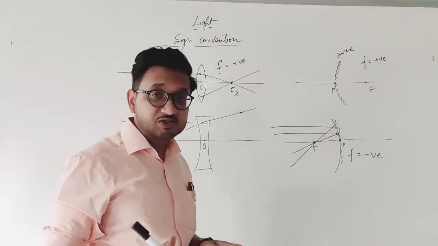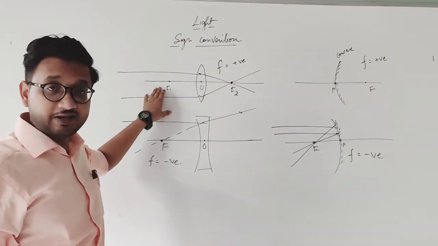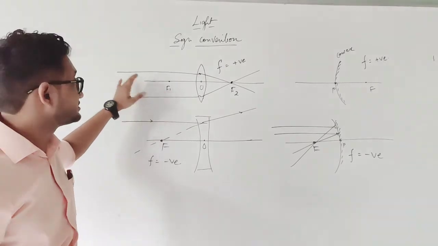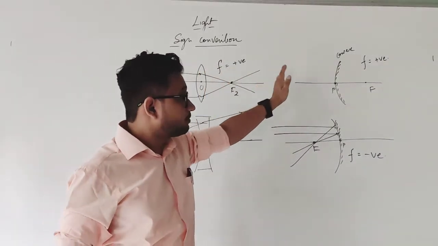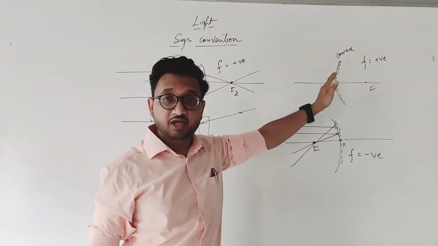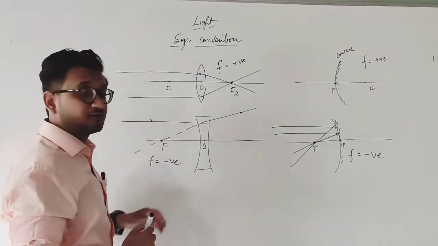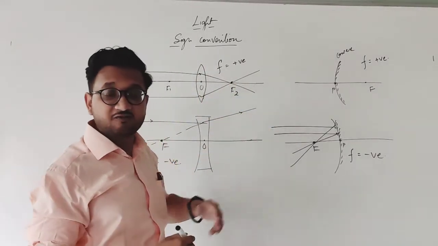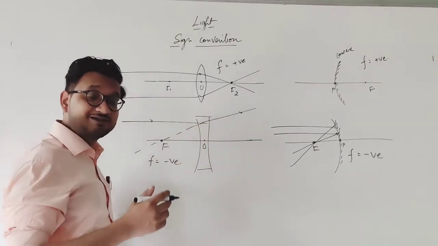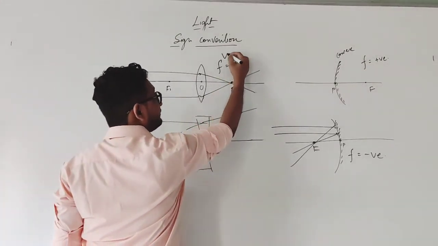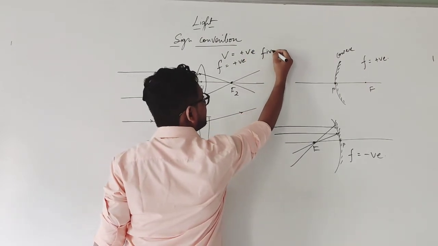However, the image properties are now reversed. For the convex lens, when we keep the object over here, the images are formed on that side. Only the last image is formed on this side. So for all the 5 cases, when we are solving the numericals, we will find that the image distance, that is v, is positive for 5 cases.